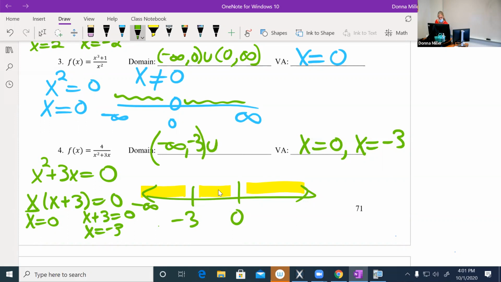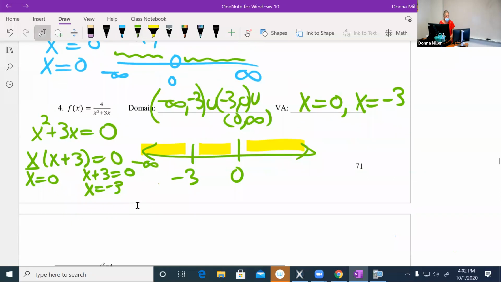Union, negative 3 to 0. Union, 0 to infinity. I do not care about the top when I'm finding domain. Do not care. Okay? You'll find in calculus that when the factors cancel top and bottom, it's not a vertical asymptote.